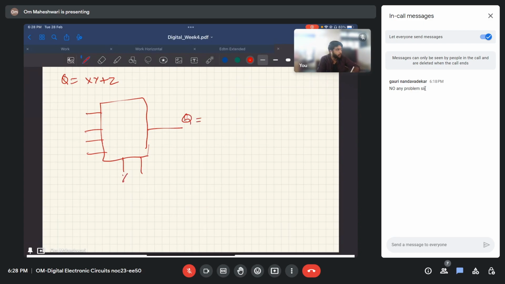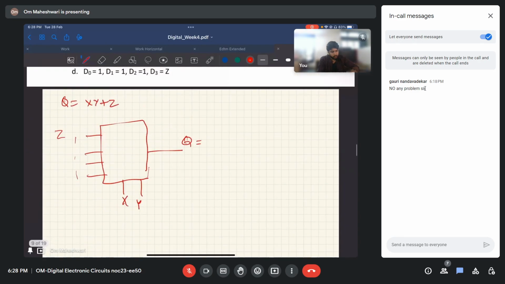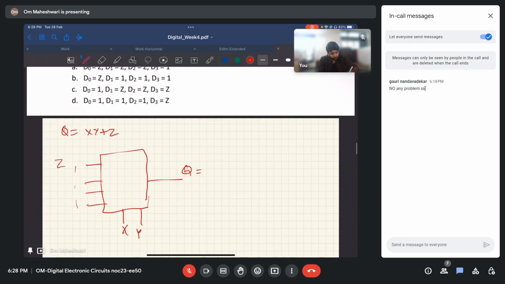So let us take x and y here as select lines. We will have some conditions of z here, right? Z, 1, 0, something like this. We can write it D0, D1, D2, D3.